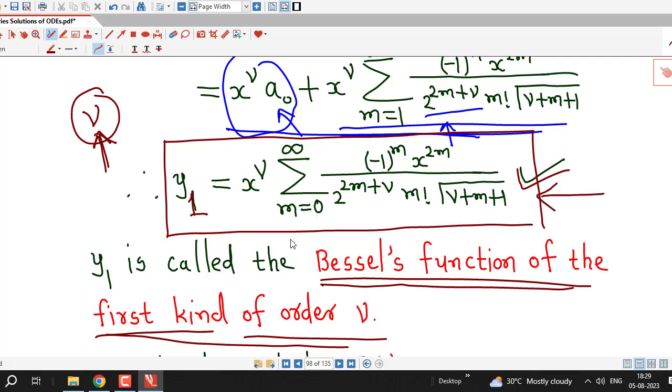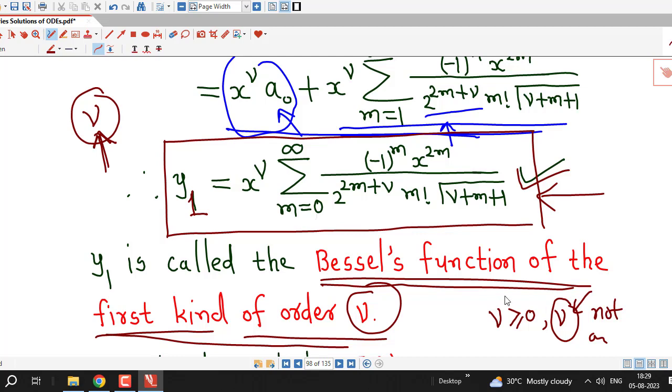They can ask you to write down the Bessel's function of the first kind of order nu or of any order. Here we have assumed that this nu is a non-negative real number, and we have written this solution by the assumption that nu is not an integer.